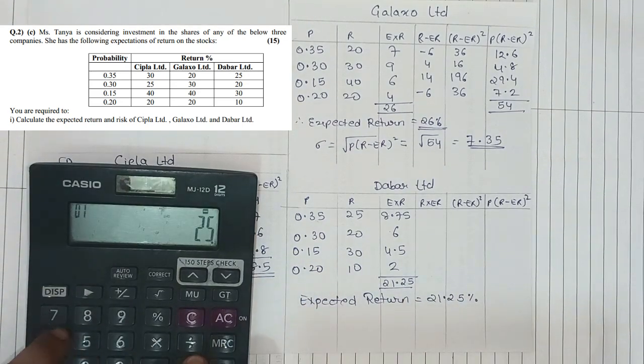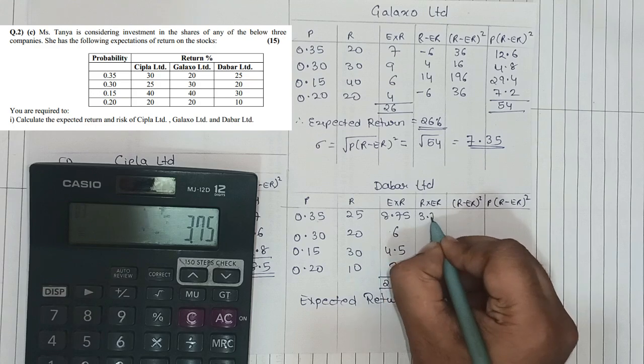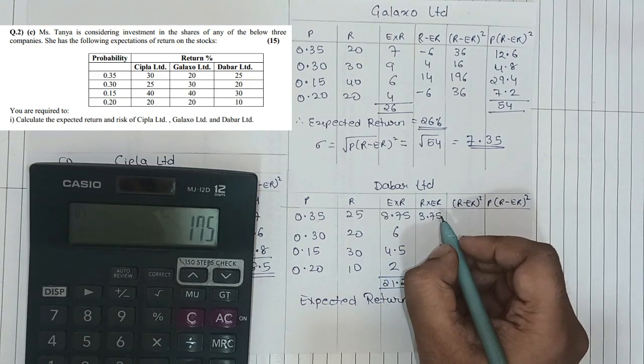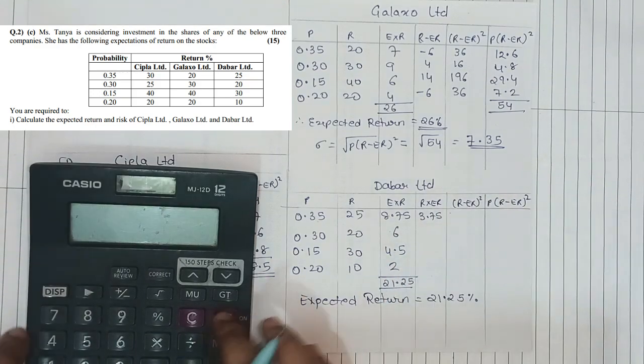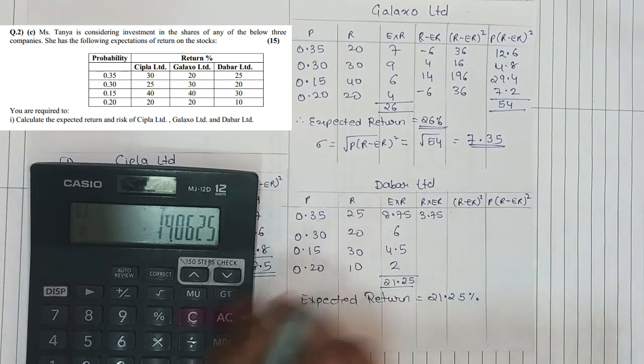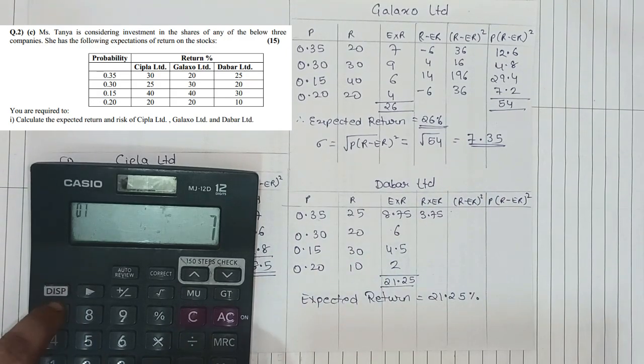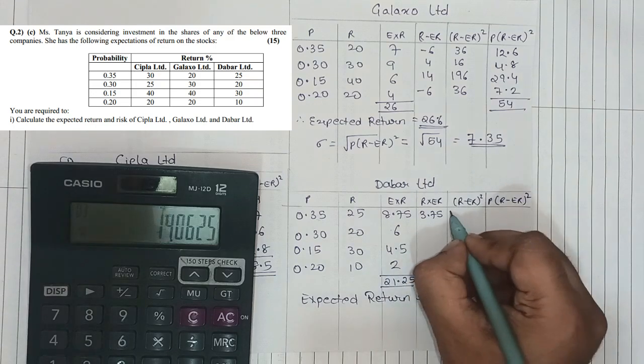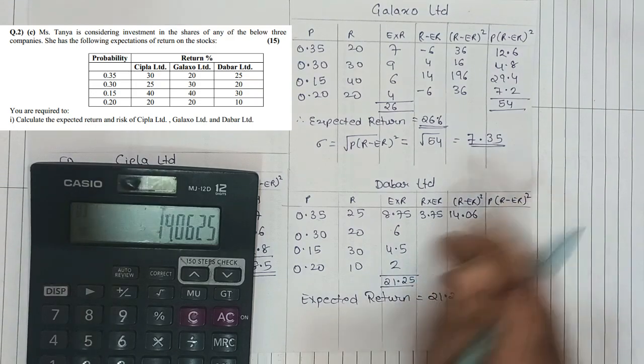So now 25 minus 21.25 is 3.75. The square is 14.06.